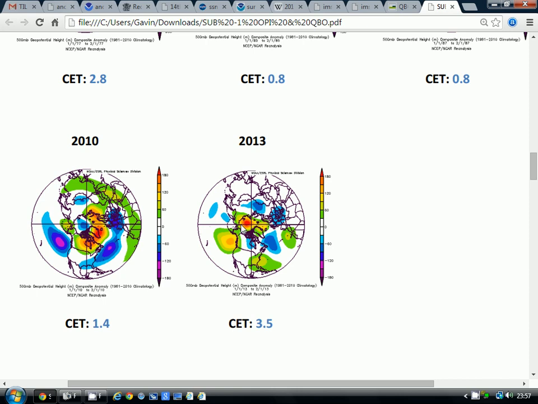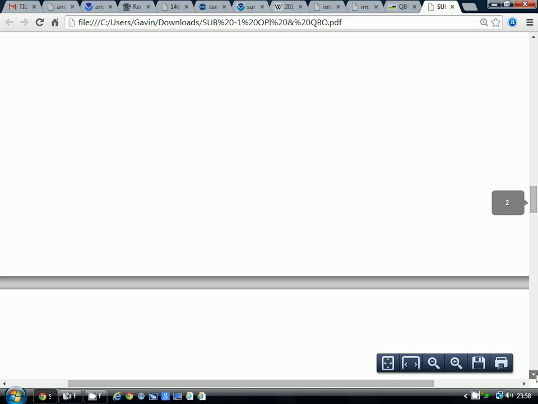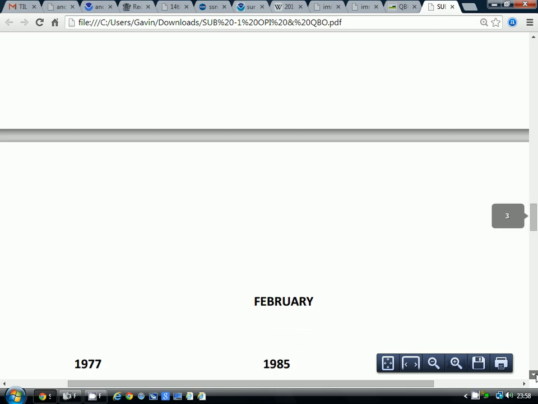It wasn't as cold as the other months. Central England temperature of 3.5 still comes out below average. But what's interesting is that every month here is colder than average. So perhaps the greatest risk of a colder than average month with an easterly QBO and an OPI below -1 is January. Let's have a look at February and see whether that is indeed the case.